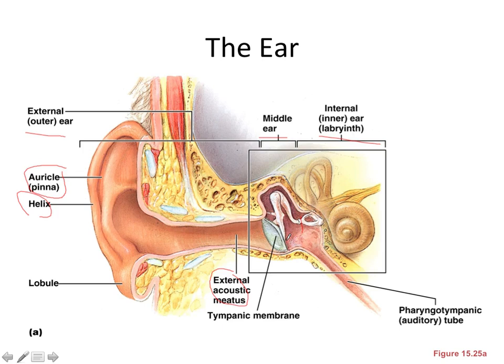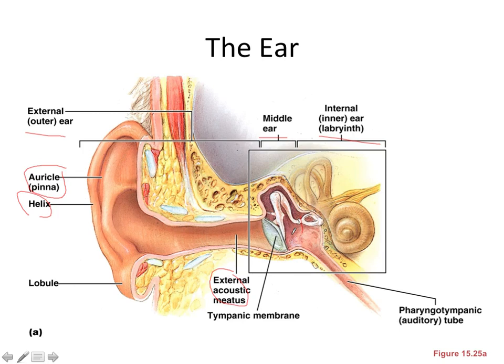The middle ear consists of the tympanic membrane and three small bones. The middle ear's function is to amplify the air sound and also to convert the air vibration to mechanical vibration, because air sound is actually air vibration.